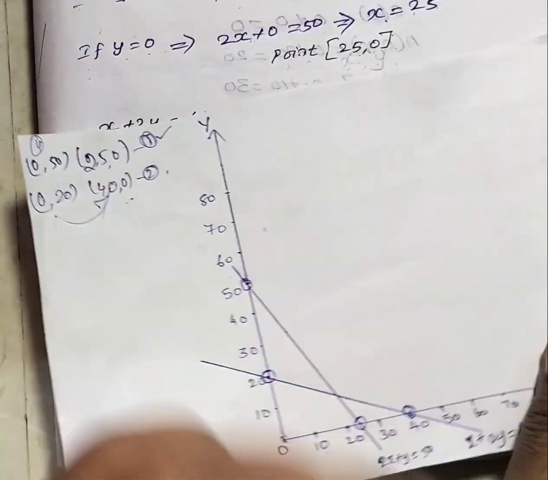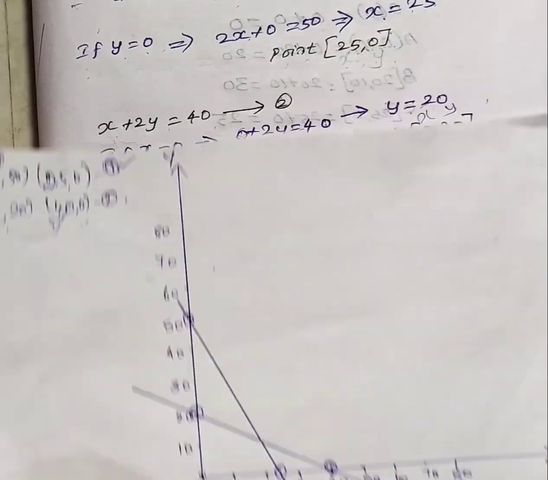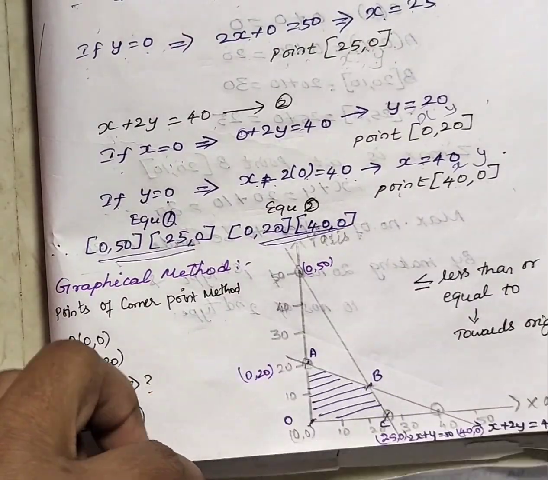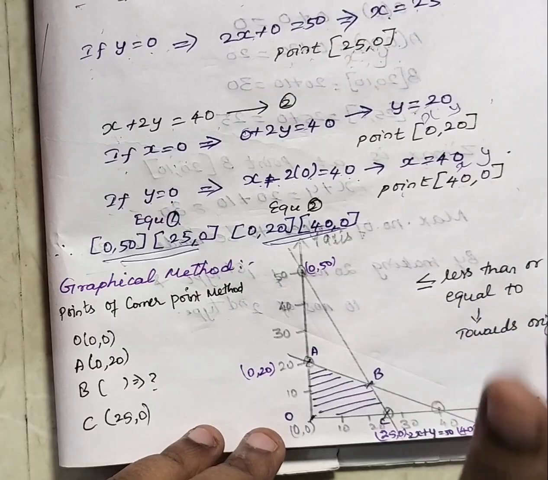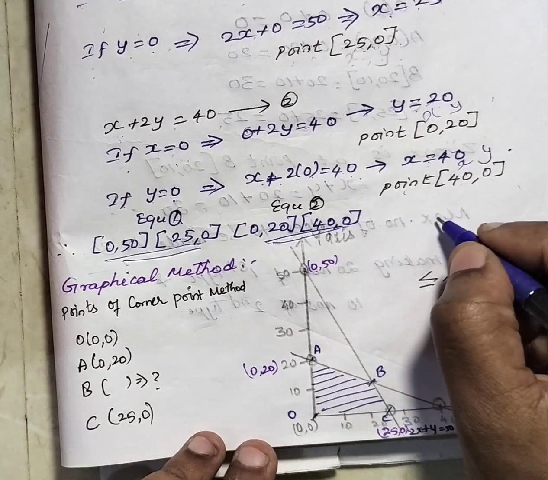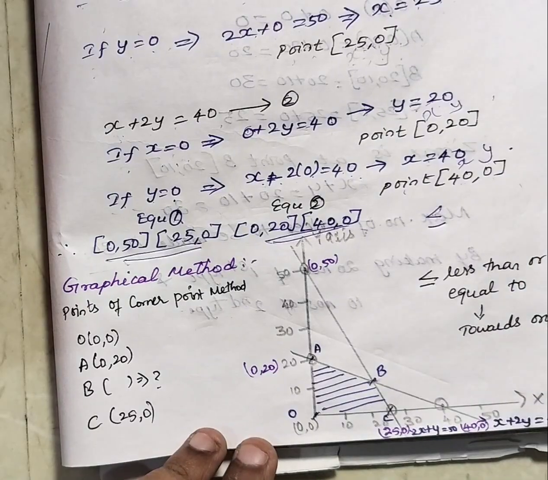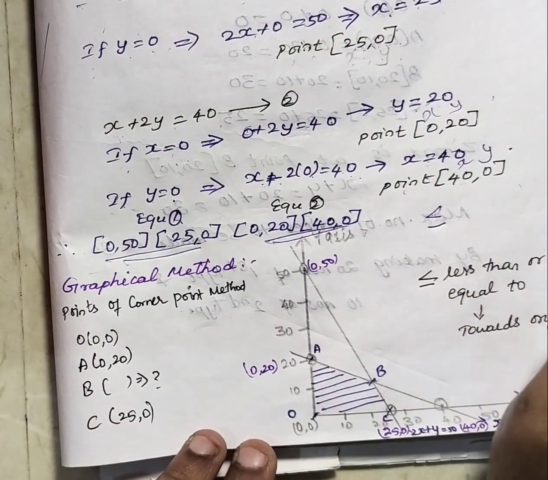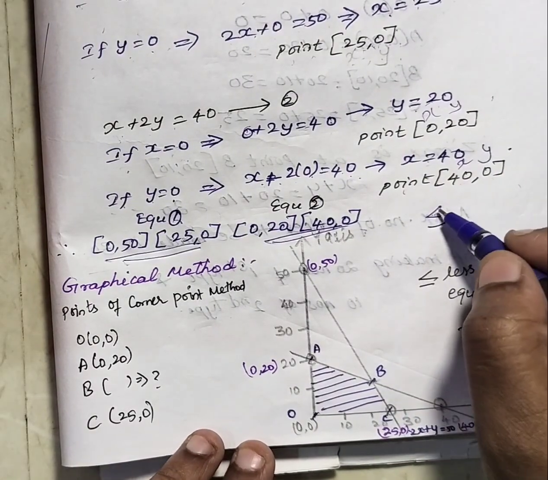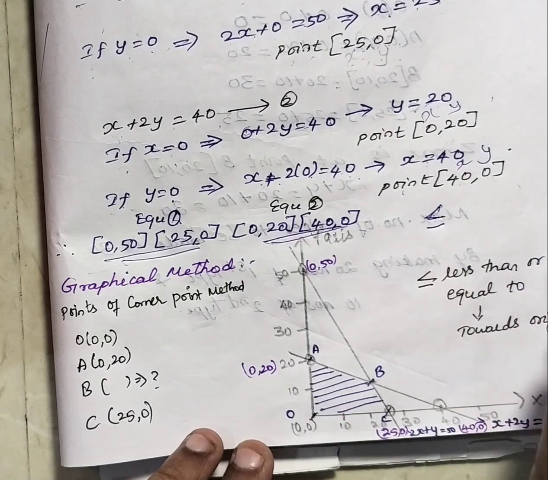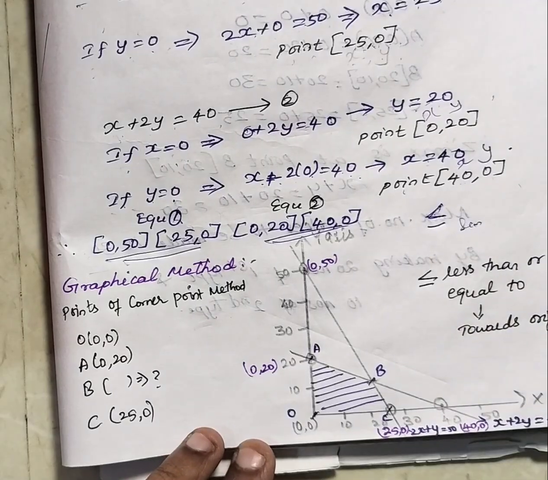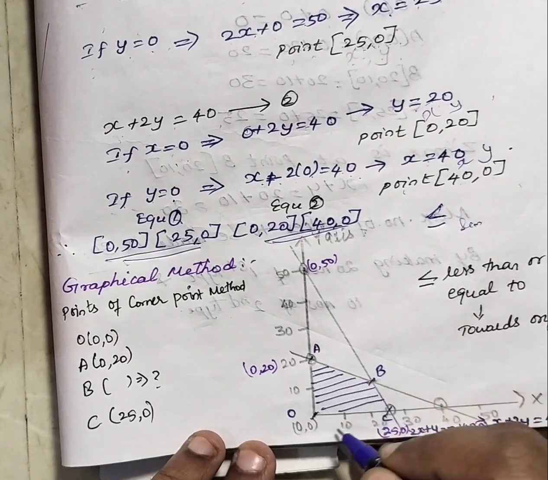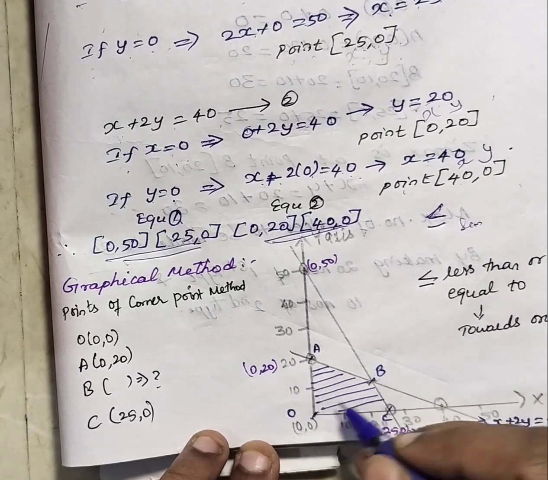One more thing we have to remember in the graphical method. If a maximization function is there, our symbol will be less than or equal to. Maximization, or less than or equal to, means there is a limitation. It should be within the limit, that is, towards the origin.